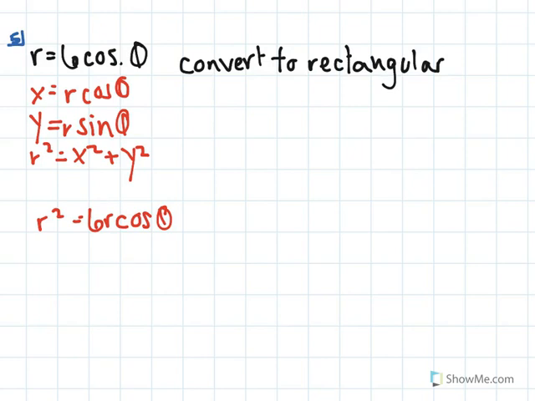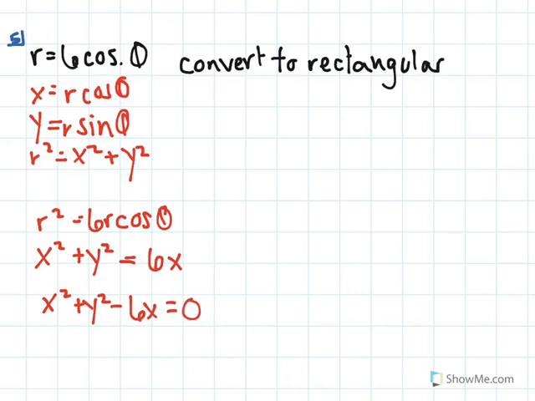And we know that r squared is x squared plus y squared, and r cosine theta is equal to x. So what we have now is x squared plus y squared equals 6x. Then we can say that x squared plus y squared minus 6x equals 0. So this is an equation of a circle, and we're going to need to write it in standard form by completing the square, and we can do that by adding 9 to both sides.